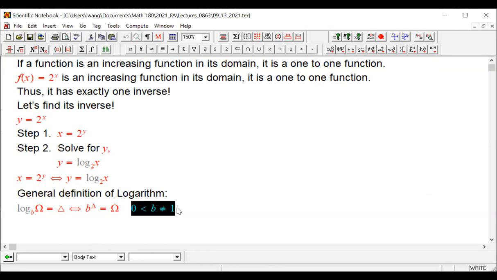When did I mention this condition before? In this class, last week. When we introduced the exponential function, right?